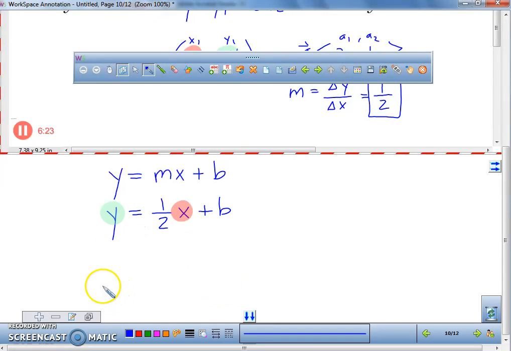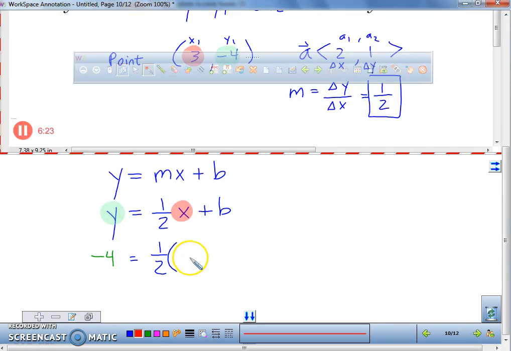What is my y value? My y value is negative 4 equals half of, what's my x value? 3 plus b. You see that? I plugged them in.